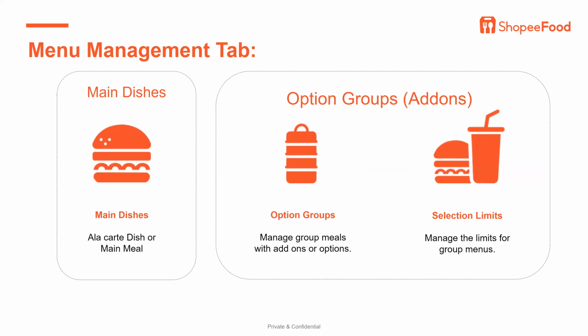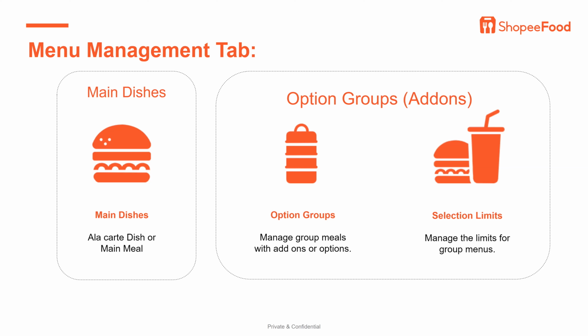Regarding menu, basically there are two tabs under the menu page as mentioned earlier. We have the main dishes and option groups. Option groups are basically add-ons or customization. For example, if you are selling pizza, you can put extra cheese options or pizza size options for customers to customize.